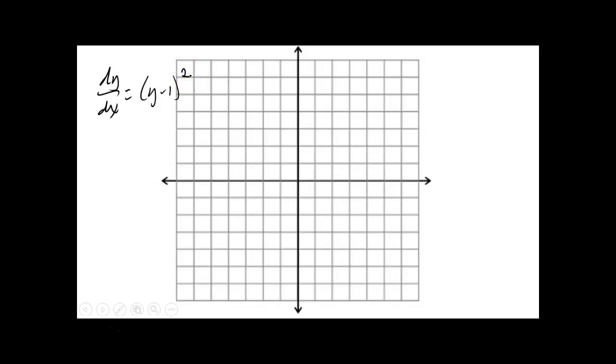Now, that's the first derivative. Okay, I said it was ordinary, first order. What's the last part? Last classification. Nonlinear again, because the y is squared there.